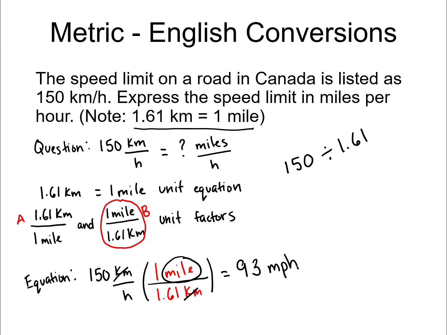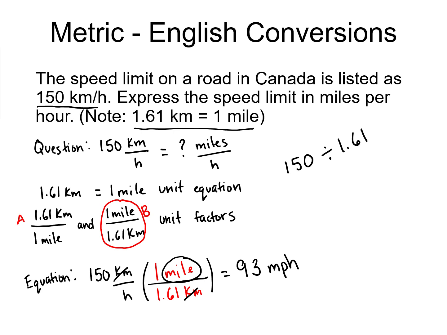That's right. And so your calculator is going to tell you 93 point something something something. But we need to consider sig figs here. We haven't really needed to think about it. Yeah, I mean, it's a whole number.